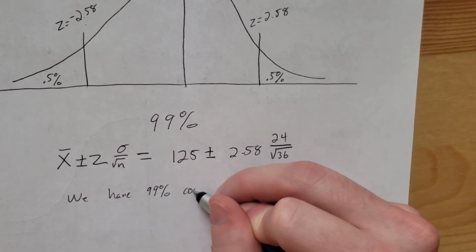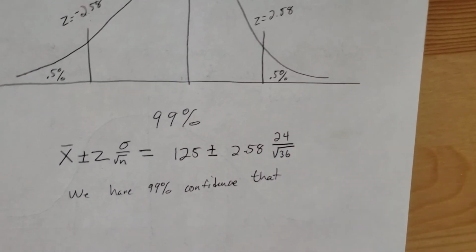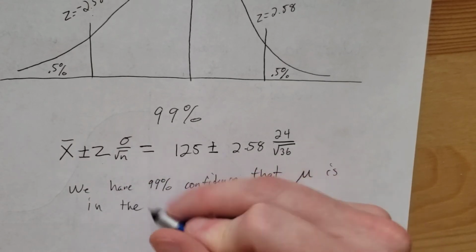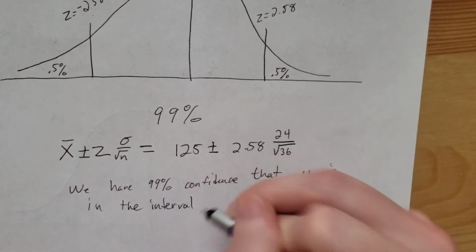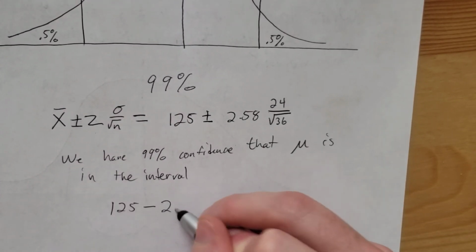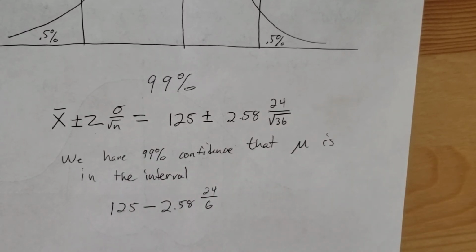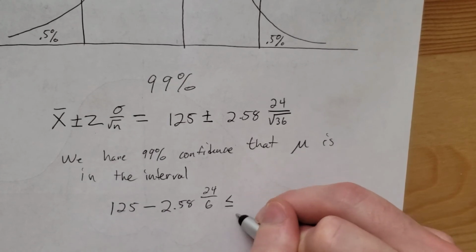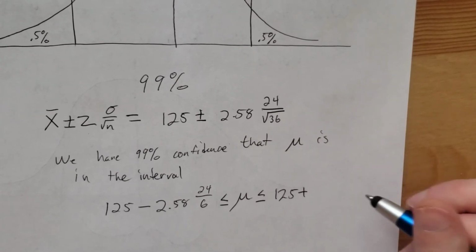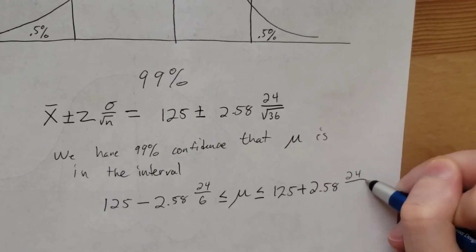And so really, we have 99% confidence that mu is in the interval, so the population mean is in the interval 125 minus 2.58 times 24 over 6, all the way to 125 plus 2.58 times 24 over 6.